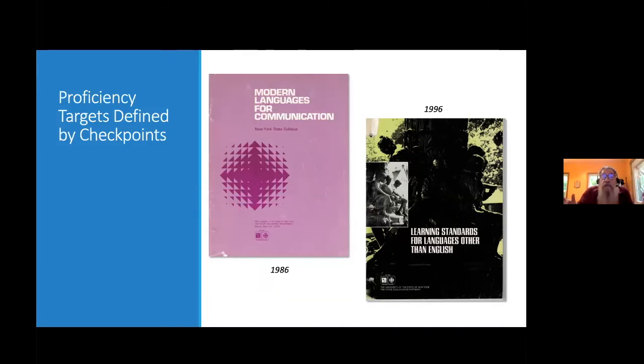But now we have like 35 years of experience, and research and validation and testing, so that we can be pretty confident that if we index to the actual proficiency levels, we're indexing to an appropriate level of challenge for our students.